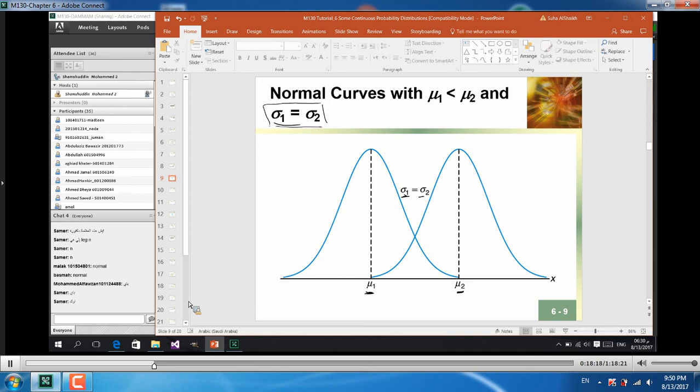Sigma 1 and sigma 2 are the same, so you see how the two curves have the same shape, the same width for the bell, right or not? Because sigma 1 is equal to sigma 2. You are following up with me? Is that clear?